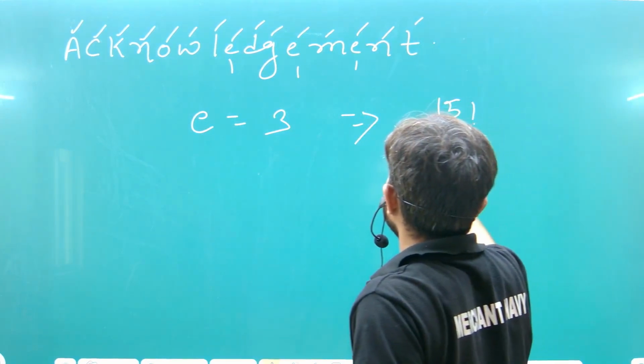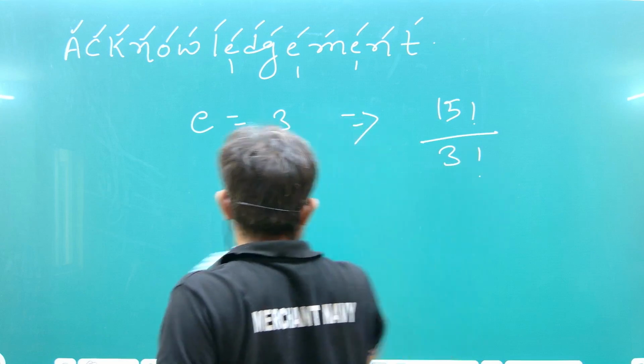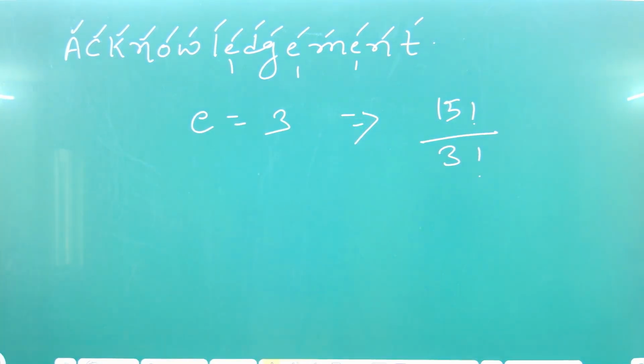So the answer will be 15 factorial divided by 3 factorial. Okay. This type of question is always asked in your exam, for the formation of words and finding the other conditions.